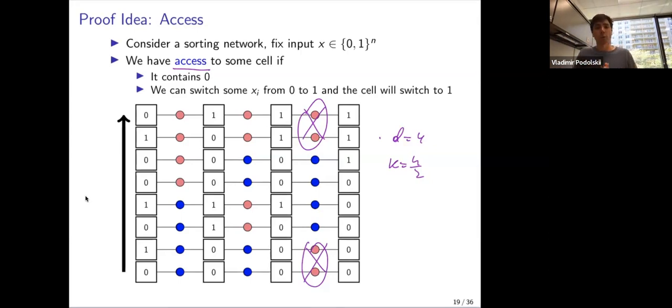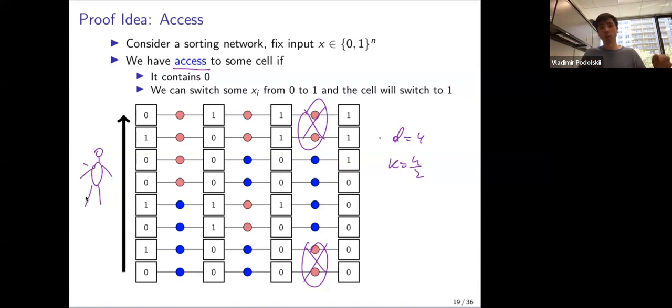So you can imagine it in the following way. You are here, and you can control inputs. You can change them from zeros to ones. You can switch on the inputs. You can imagine that these are light bulbs, right?